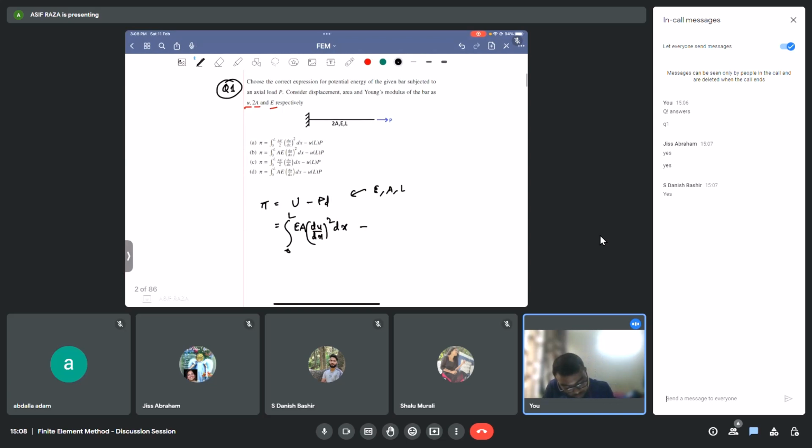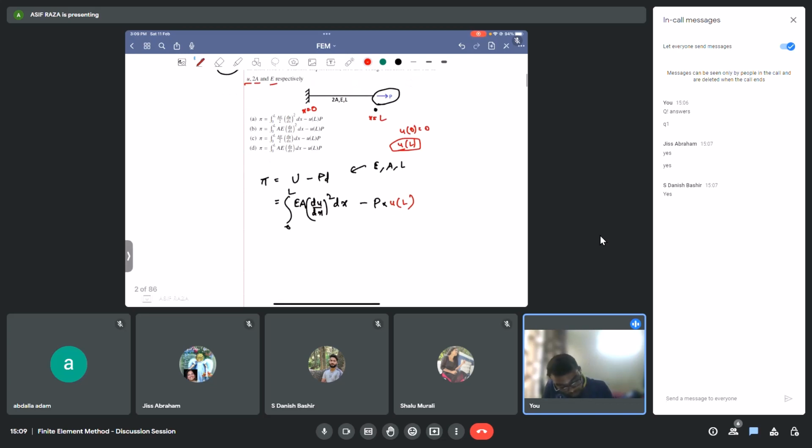As you see in the question, there is a force P applied, so P times the displacement at this point. If I take this as x equal to 0 and x equal to L, then u(0) equals 0 and this would be u(L).